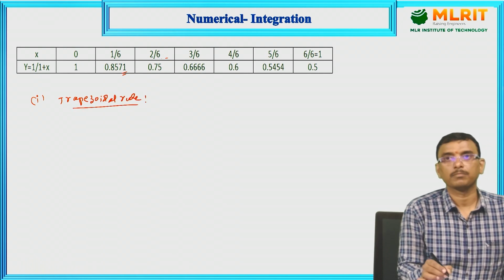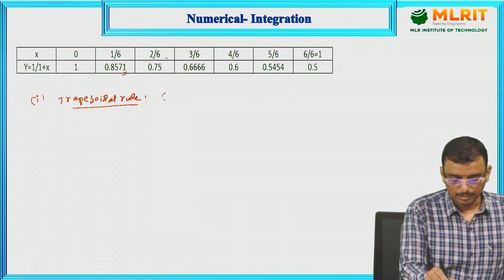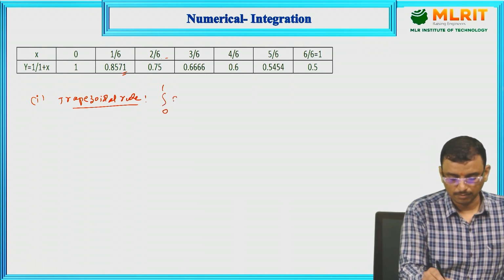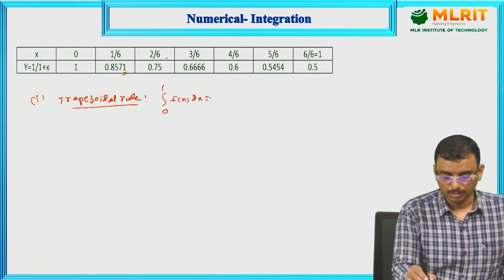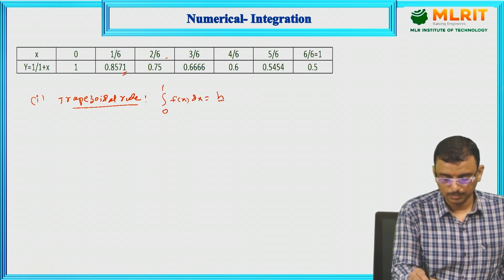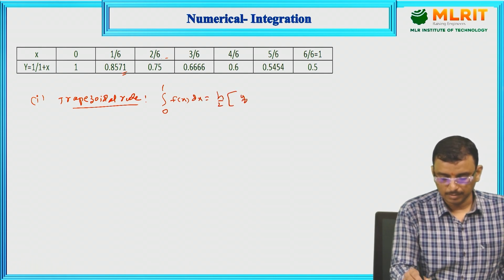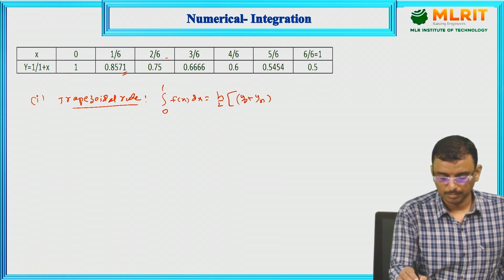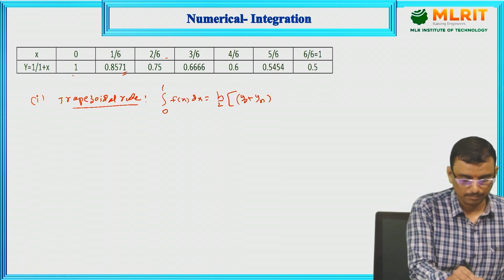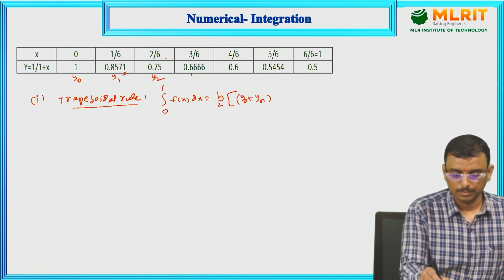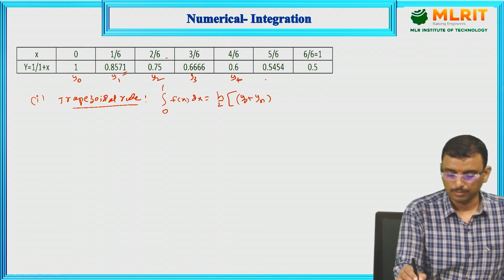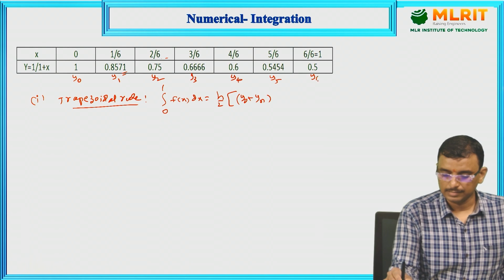What is the formula for the trapezoidal rule? Integral 0 to 1 f of x dx is equal to h by 2 into y0 plus yn, plus 2 into the remaining ordinates. Here we take y0, y1, y2, y3, y4, y5 and y6.